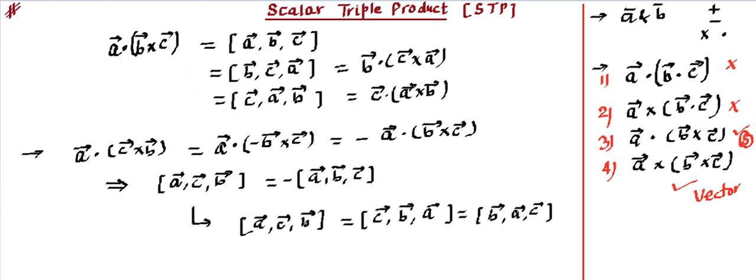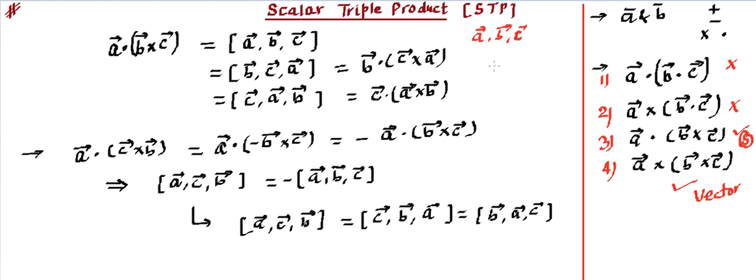Moreover, if we take this order different, that means if we take A dot C cross B, then it came out to be this, which brings a minus sign with the initial or earlier value. So it's like this. If we have vector A, then B, then C, then we can find the cyclic order like A, B, C, then B, C, A, then C, A, B. They all will give us the same value.